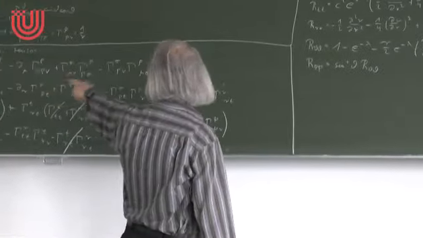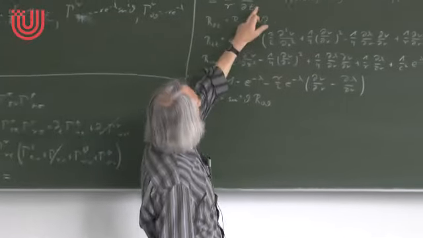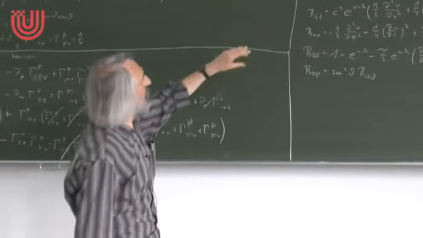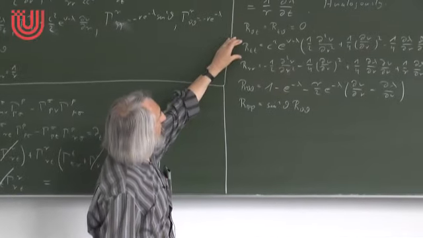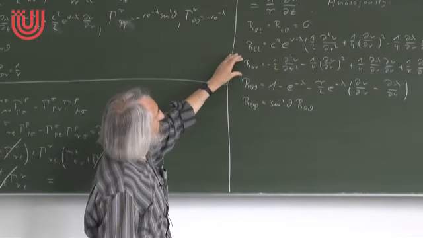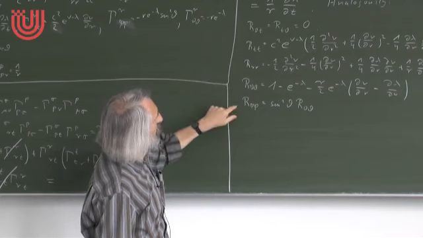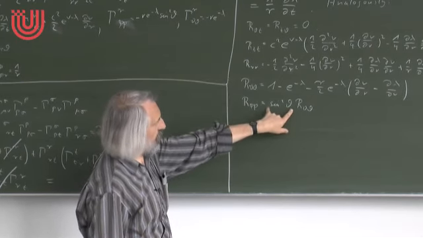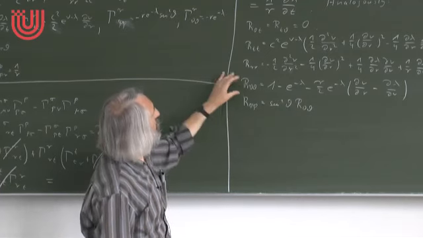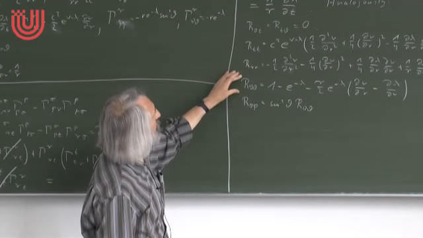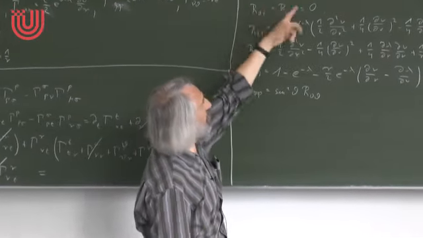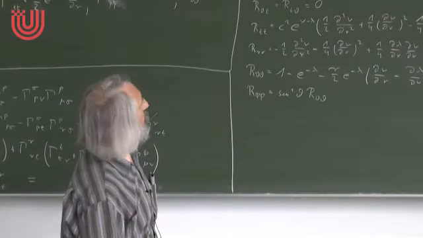Well, R_tr, the one I've calculated, gives the condition that this is 0. Then if we equate this to 0, we get a third one from this here. And we get only one from these two, because they just differ by a factor which is not identically 0, so we get only a fourth one. So we had 4 conditions. These conditions are automatically satisfied if the field equations hold.